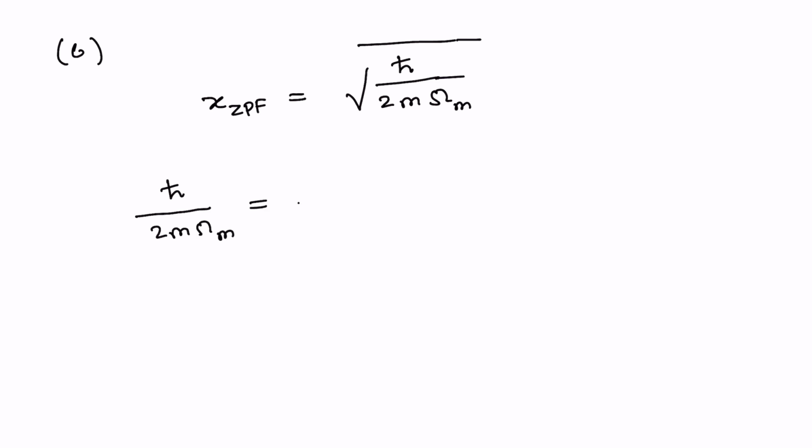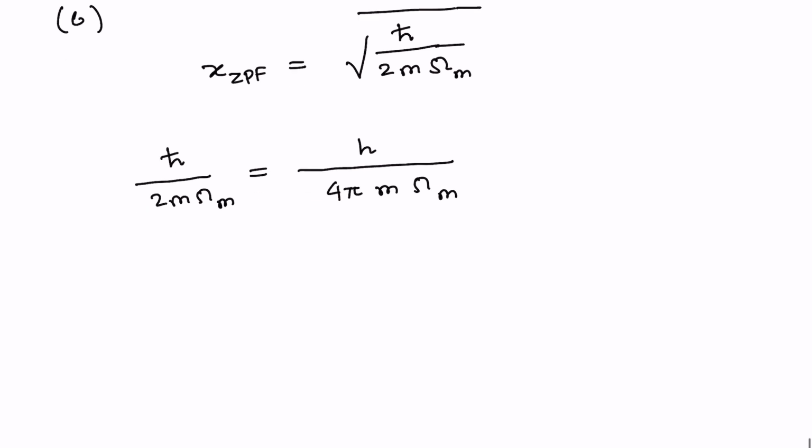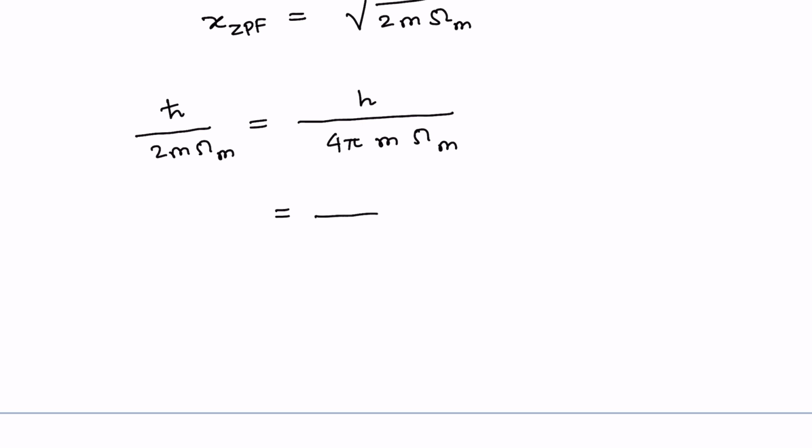H bar is h divided by 2 pi, so I can write it as h divided by 4 pi m into capital omega m. And now if I put h is equal to 6.626 into 10 to the power minus 34, and then 4 pi into mass, which is given to be 5 nanogram, right?